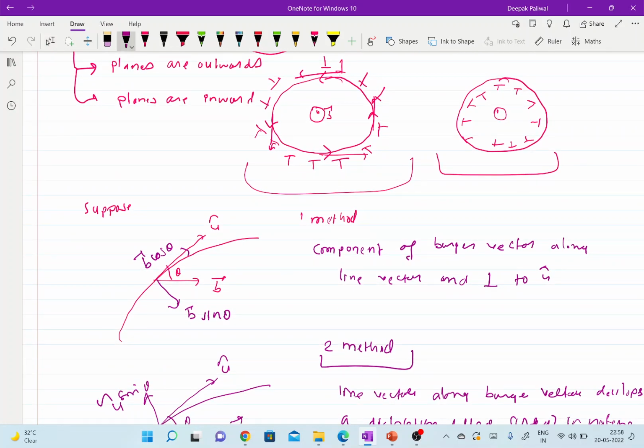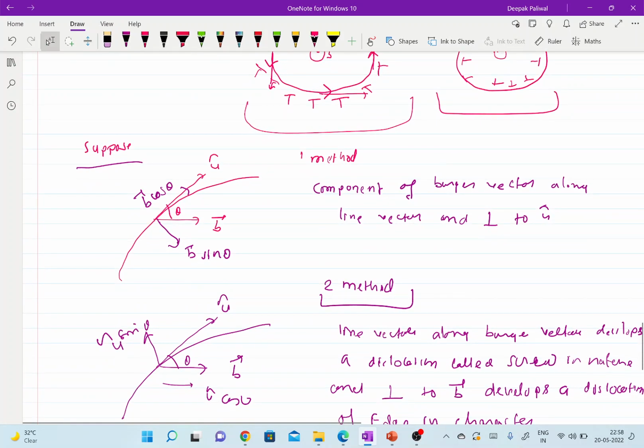And then we talked about the mixed type of dislocation, and how to find out the Burgers vector and the line vector. There are two methods. In the first method, we can take the component of the Burgers vector along the line vector and perpendicular to the line vector.